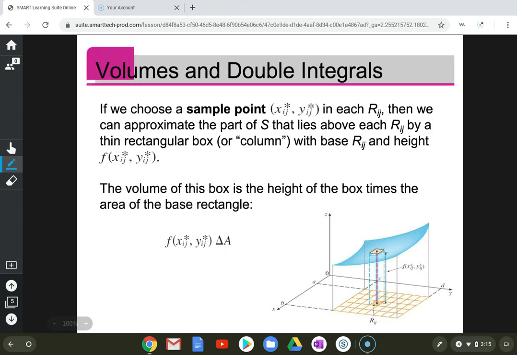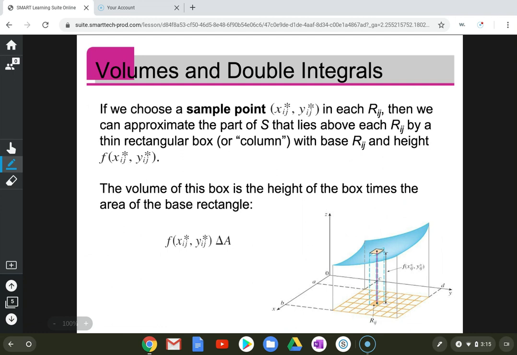This image here is showing you how to break R up. They're picking a sample point x sub ij, y sub ij, and we'll talk more about what i and j represent, but they're more used in the summation notation that we're going to be talking about.